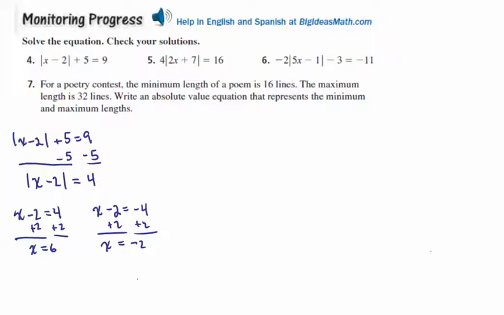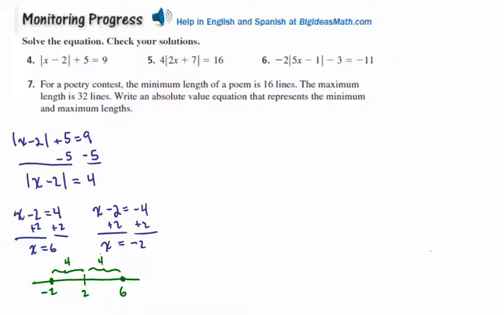When we go to set up a number line, we have negative 2 and positive 6. We can find the center by adding negative 2 to 6, and we'd get positive 4. Dividing by 2, we would get 2. So the center is 2. The distance from negative 2 to positive 2 is 4.